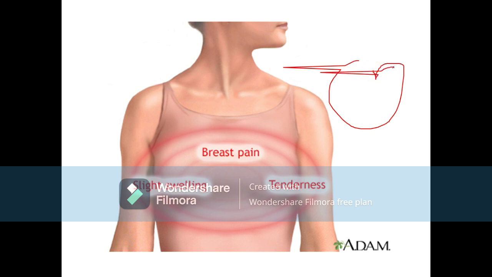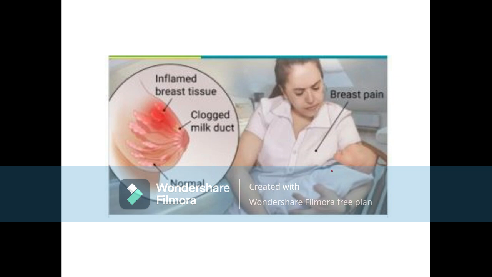If you have breast pains, light swellings, or tenderness of the breast, it can also be caused by hormonal influences. But it is also a common symptom in many other issues. For example, you can have breast pain due to mastitis. You can have it due to Paget's disease and other disorders.